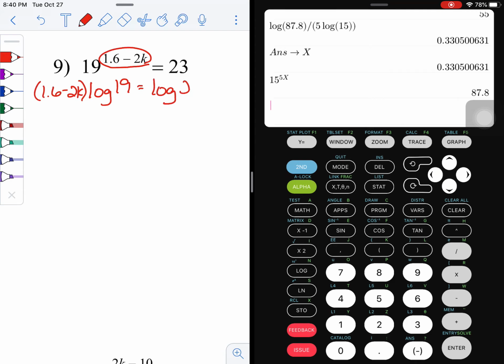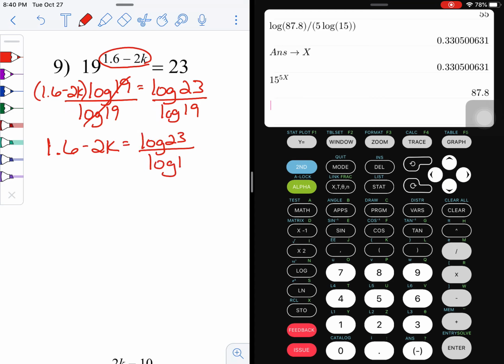I can fit that in there. Equals log of 23. I'm going to divide both sides by log of 19. So that's gone. So I've got 1.6 minus 2k is equal to log of 23 over log of 19.